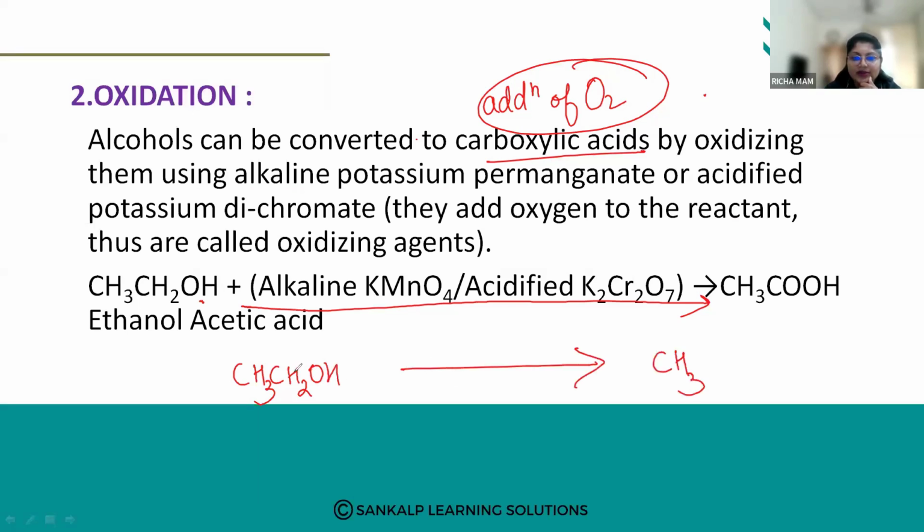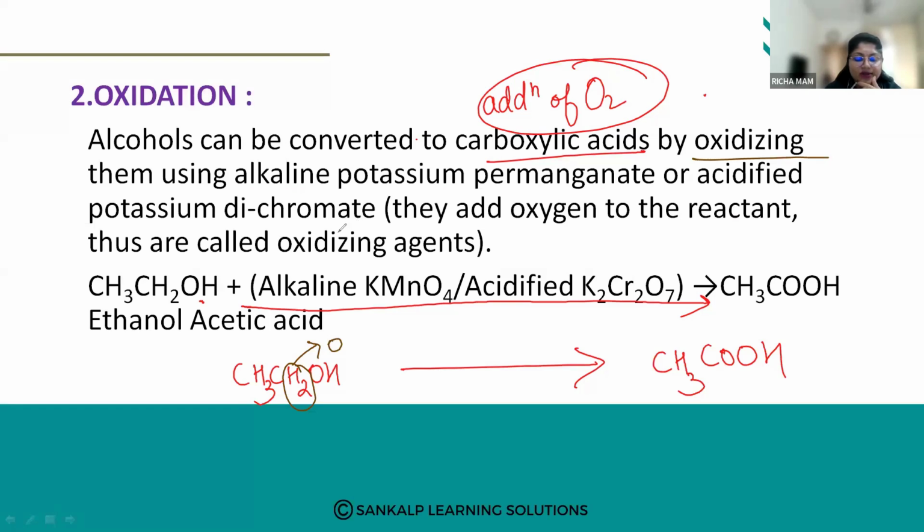What is happening here? Your hydrogen is removed and oxygen is added. So addition of oxygen. How is it added? By adding an oxidizing agent, and the oxidizing agent used here is KMnO4 and acid, or K2Cr2O7.